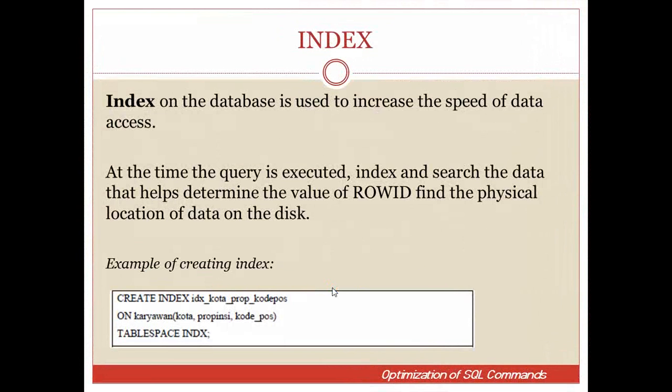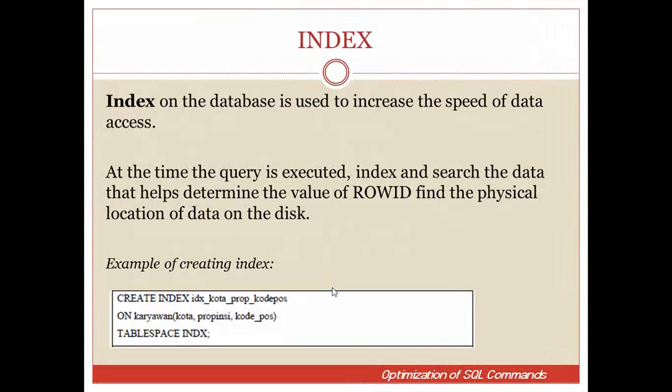Index. An index on the database is used to increase the speed of data access. At the time the query is executed, the index helps determine the value of the row ID, to find the physical location of data on the disk.